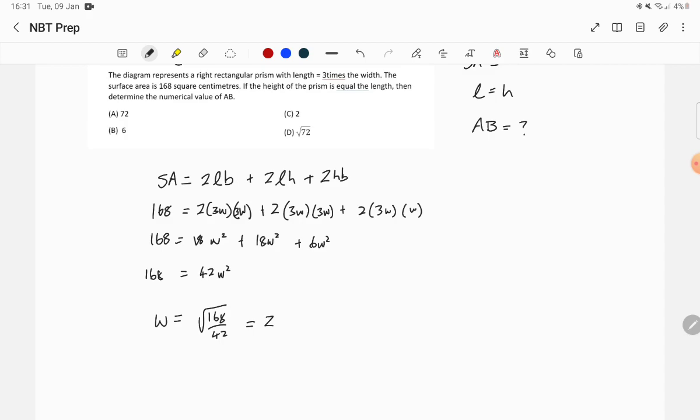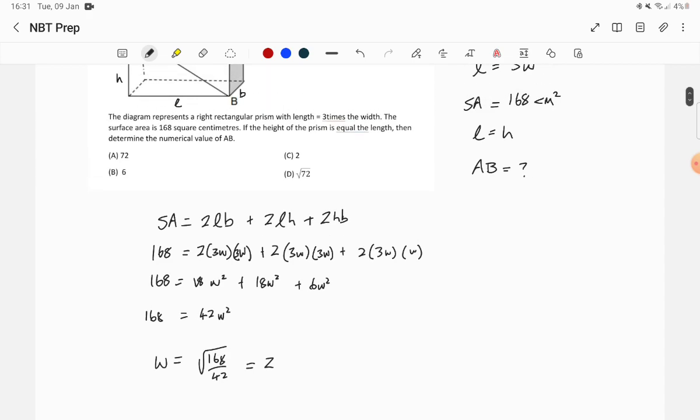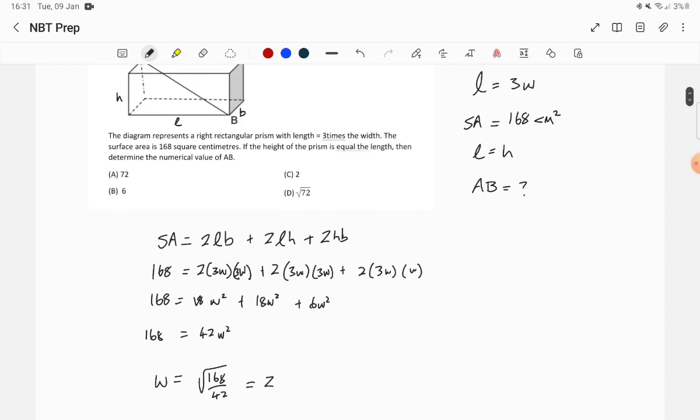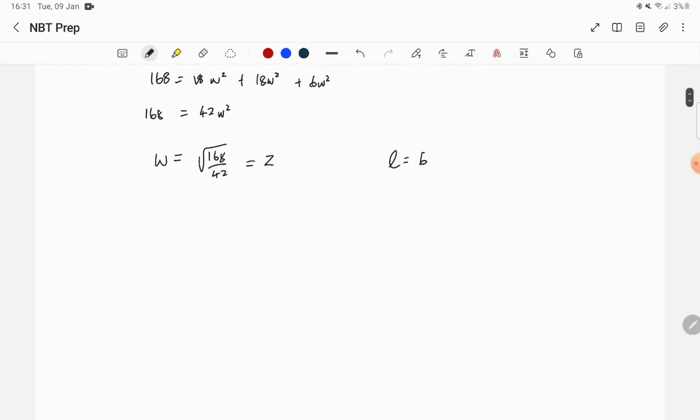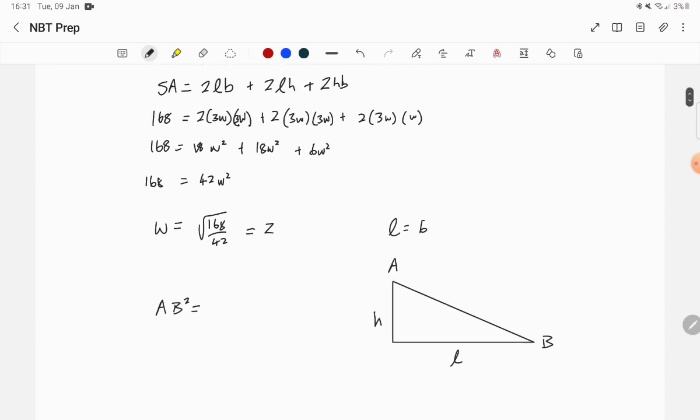Thereafter, once we have the width, we know that the length will be 3 times that, so the length is equal to 6. If we put together our triangle here, let's draw a triangle to show this. So height, length, and then this would be AB. AB squared is equal to the height squared plus L squared.